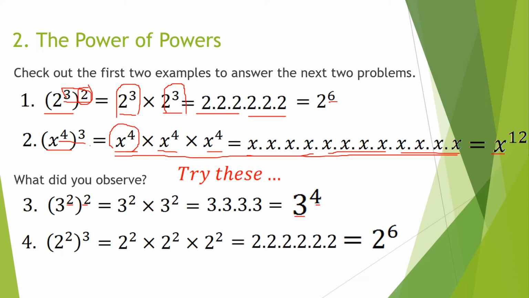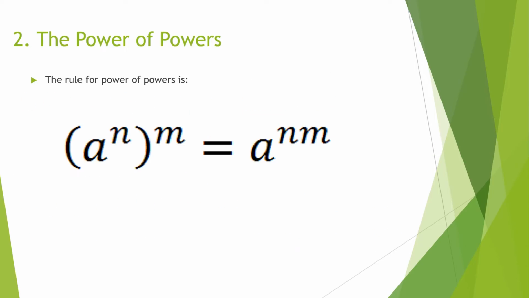The answer there is simply copy 2 and then multiply 2 times 3. So the exponent is 6. So for the power of powers, we have the rule a raised to n, the quantity raised to m, is equal to a raised to n times m.